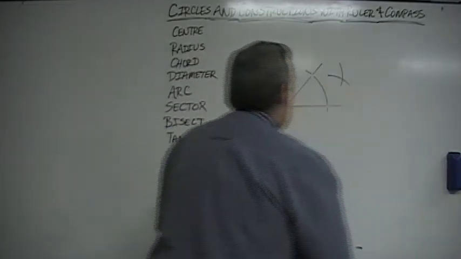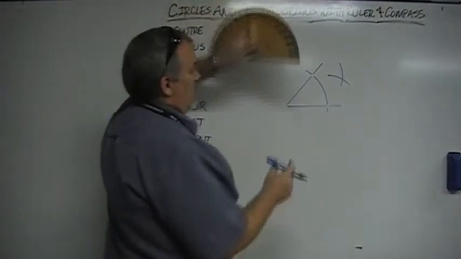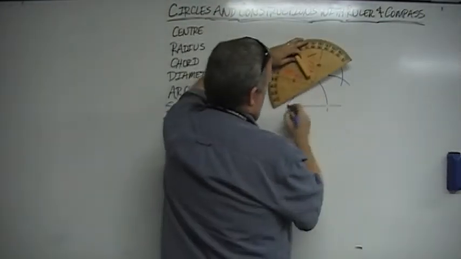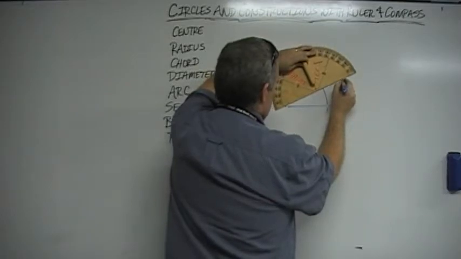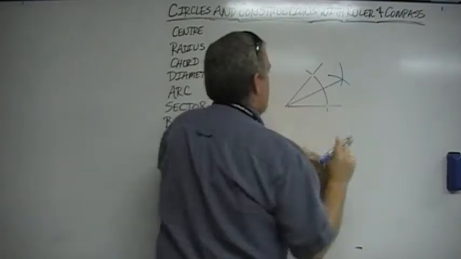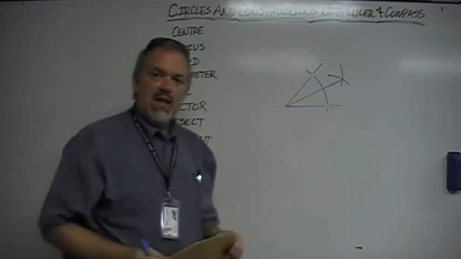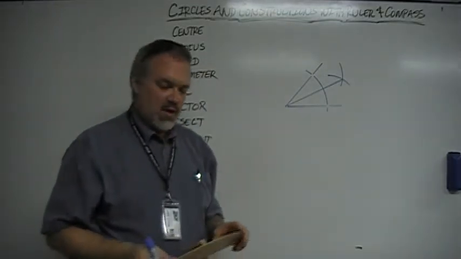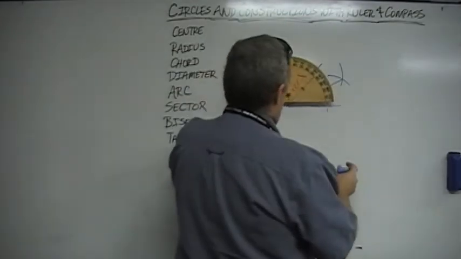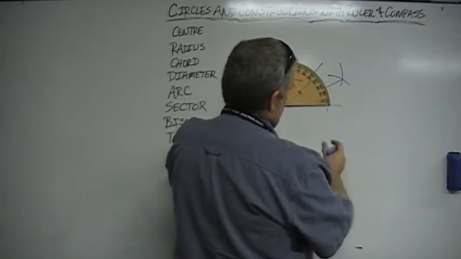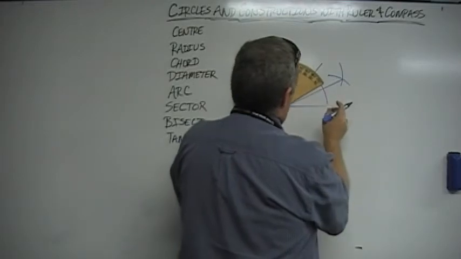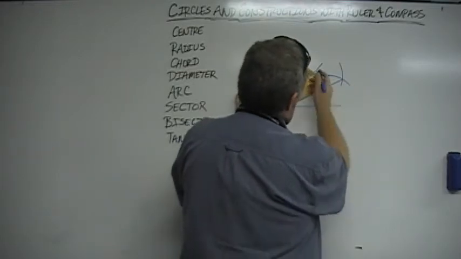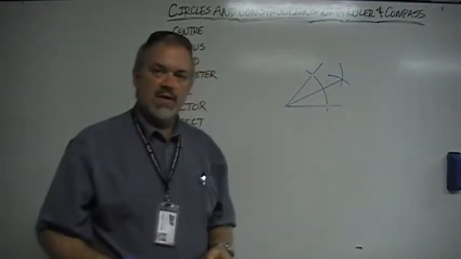And then if I take my straight edge or my ruler, and I connect my vertex, which is here, with that intersection of those two arcs, what I end up with is a line that bisects my original angle. If you were to measure this with a protractor, which we can do, we'd see that that angle is about 25 degrees, and this angle is also about 25 degrees.